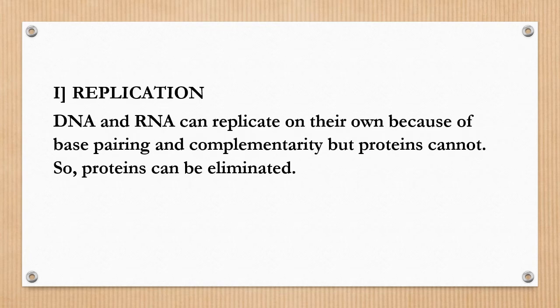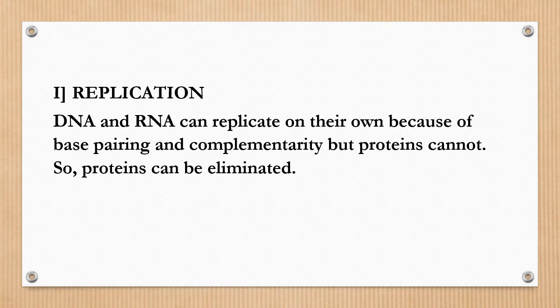We already studied that Hershey and Chase proved that DNA is transferred to the next generation, not the protein. When we started studying about DNA, we said that for several years until the 20th century, they believed that proteins are transferred from one generation to another.